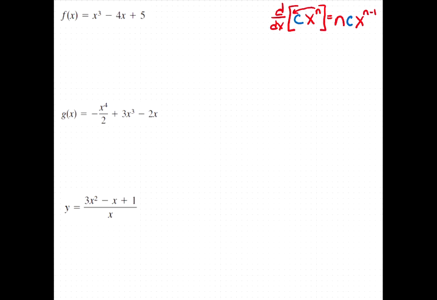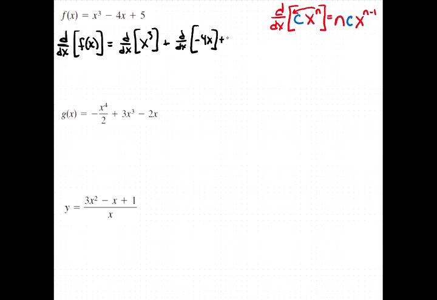Let's look at the derivative. Not DDF. That's the derivative of f of x is equal to the derivative of x cubed plus the derivative of negative 4x plus the derivative of 5.